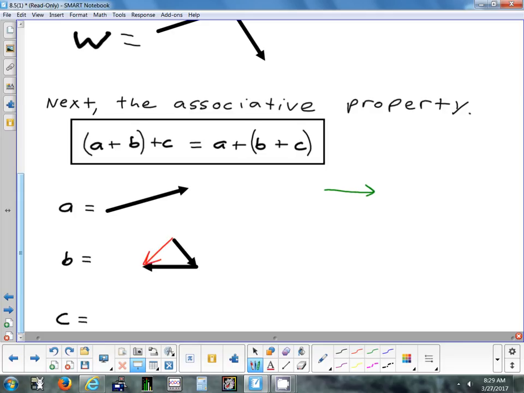Now I'm going to add A. I'm going to do A plus what I just did in red, B plus C. So there's A, and there's B plus C. If I compare the two answers, that's not bad. They're pretty close. So the point is the associative property works.